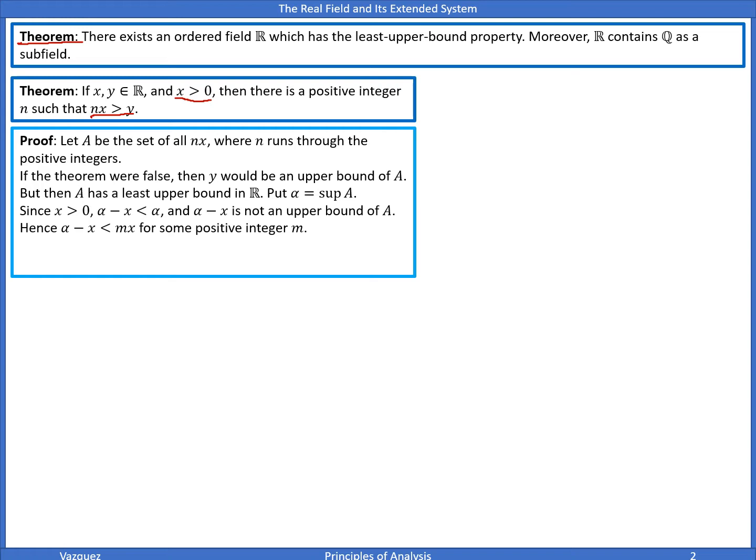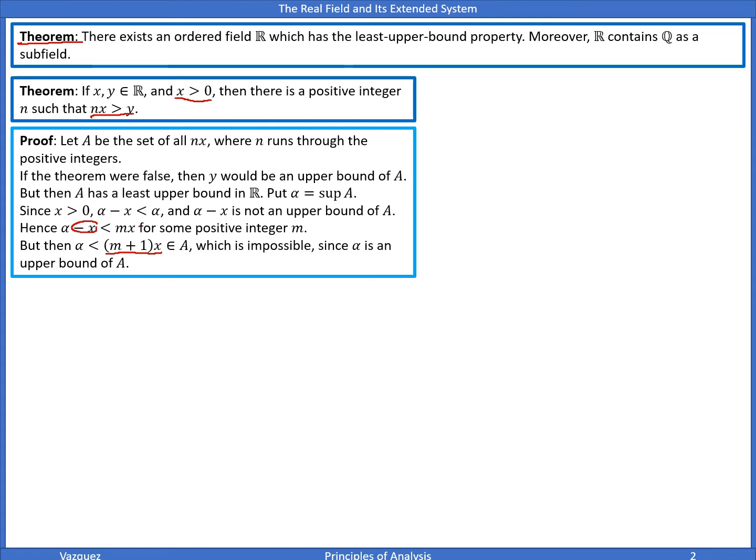So alpha minus x is less than mx for some positive integer m. But alpha is less than (m plus 1) times x, which is in A, right? Well, this is in A and it's greater than alpha. But wait a minute, that's impossible. Oh, before I even go through that, the way we just did that is move this to the other side.